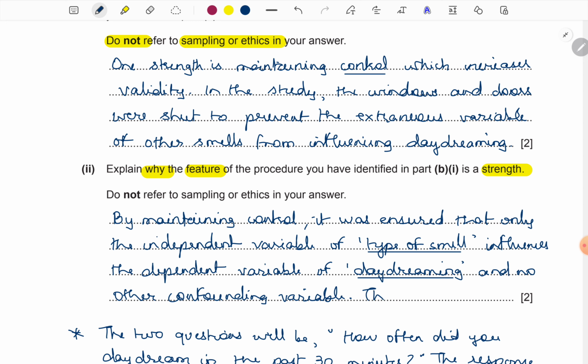This increases, I'm just going to specify it again, so if you want, just skip it from the previous answer, the internal validity of results. So it's as simple as that.